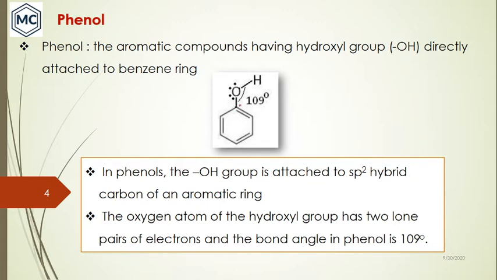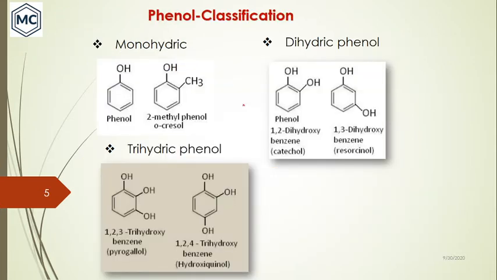All carbon atoms of benzene are sp2 hybridized, and the hydroxy group is attached to one of them. The oxygen atom of the hydroxyl group has two lone pairs of electrons, and the bond angle is 109 degrees.